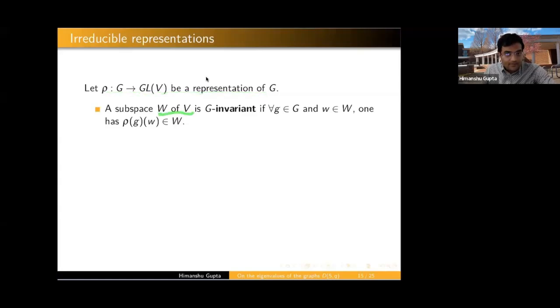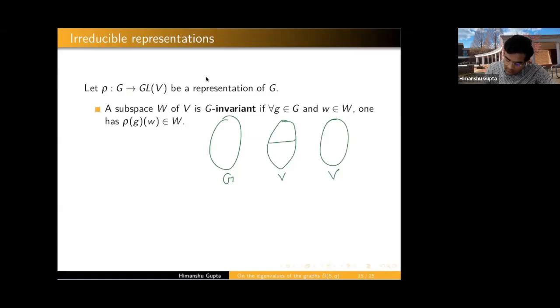A subspace W of V is called G-invariant if for any g from G and any element w in W, rho(g) of w is in W. So if I have some group G, and this is V, and this is some W, such that if I pick any element g, then rho(g) takes the element small w to an element in this set only, and it has to be true for all elements.